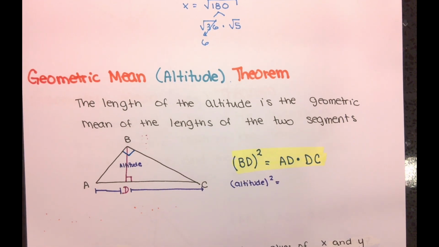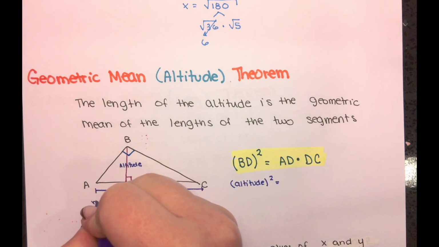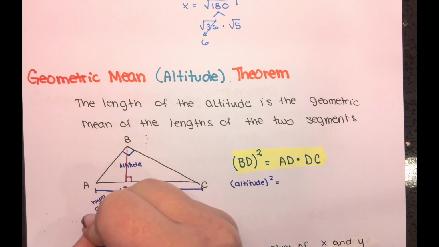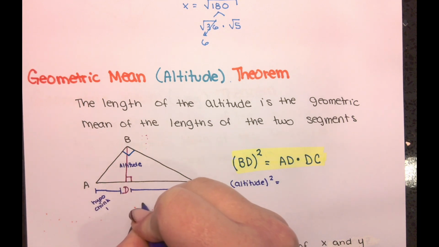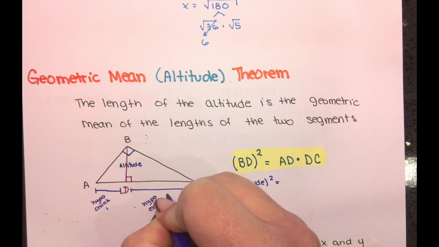So the best way that I can describe it is I'm going to call this hypotenuse chunk 1 and hypotenuse chunk 2.